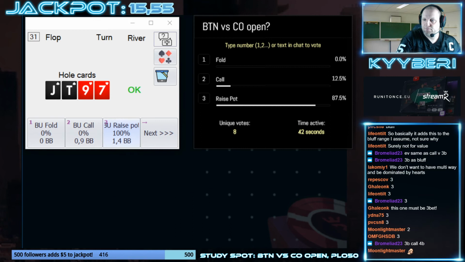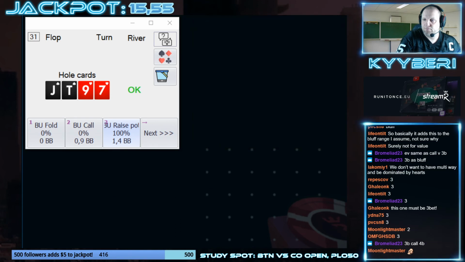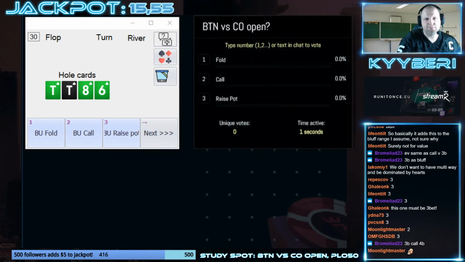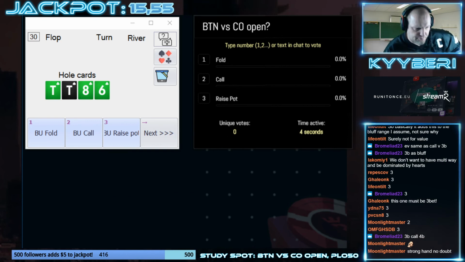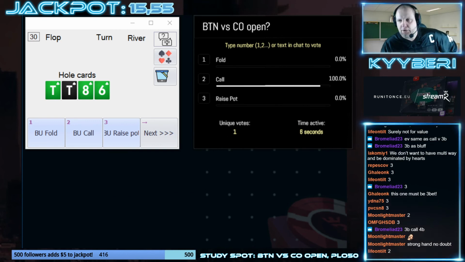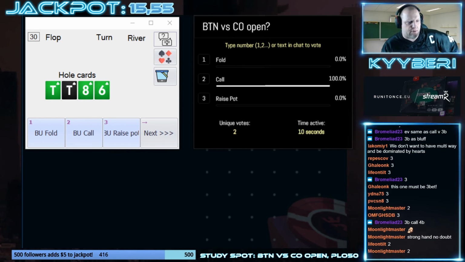Yeah, definitely call a 4-bet. Never ever fold the 4-bet when you have those hands. What about these? 10 and 8-6. Earlier when we had pocket tens, the threshold was either connected or all the cards are 7 or higher.